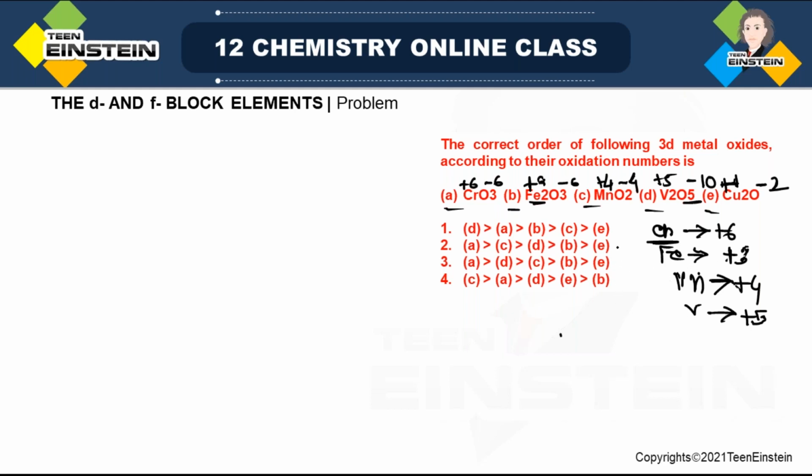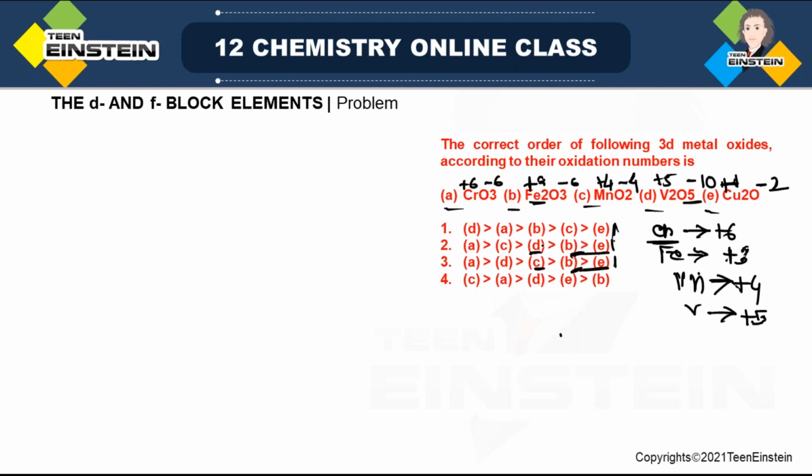Now in options 1, 2, 3, see, all are having E. So what is the previous one? In both option 2 and 3 it is B. Now B is iron, so both are actually correct. But if you move to the next one, that is D or C. Now D is +5 and C is +4.